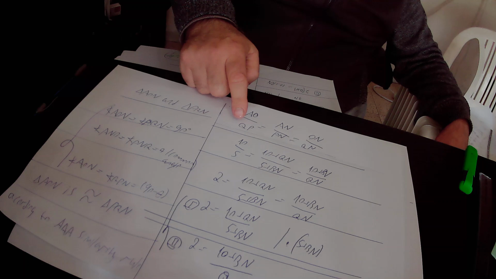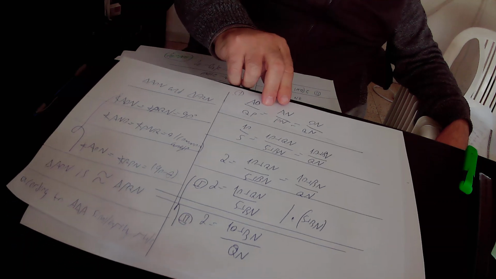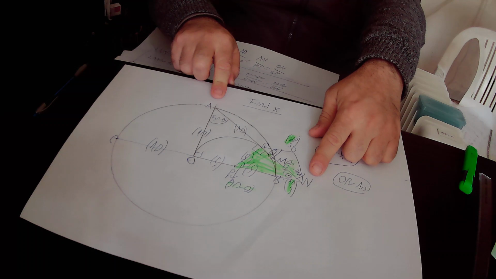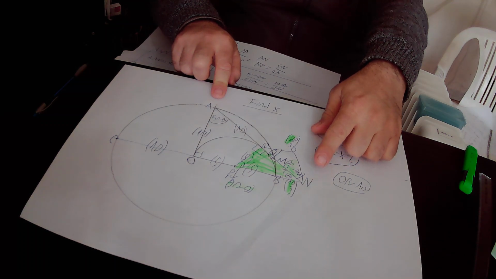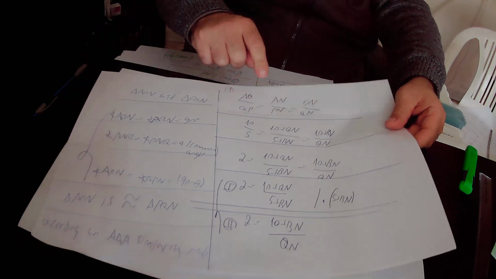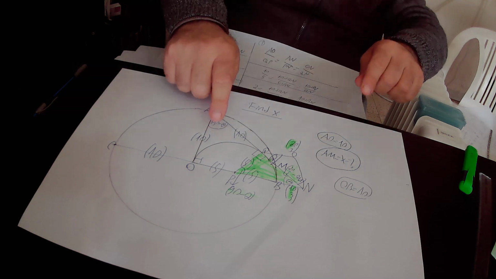AO is 10, QP is 5. What is the length of AN? It is very easy to see that AN in total equals 10 plus QN. What is the length of PN?